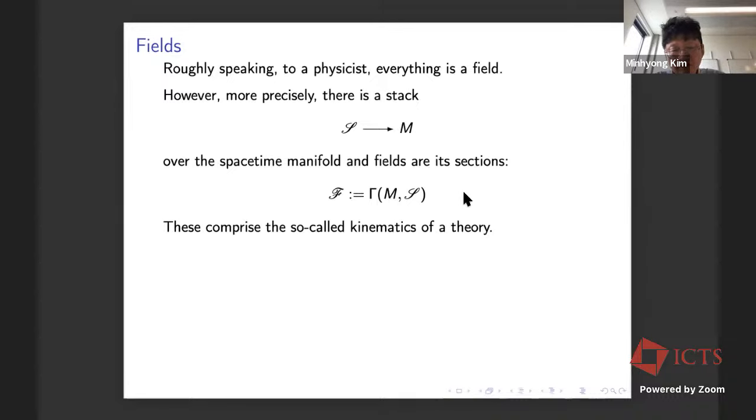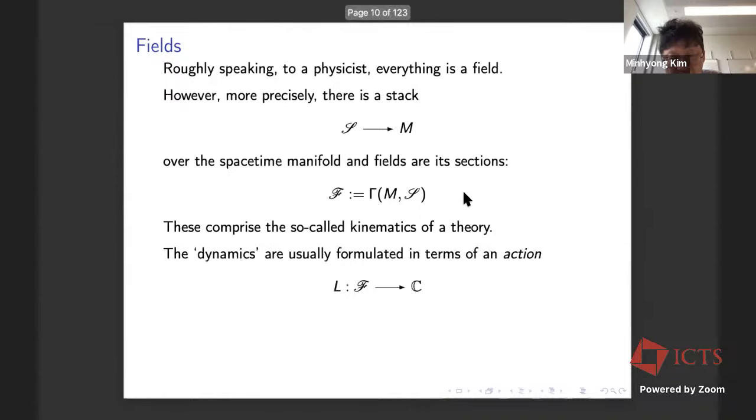And you talk about fields as being the sections of such a space. Depending on what you're interested in, the space and the space of sections will differ. And setting this up, just saying the kind of space this is and how it fibers over M, is usually called the kinematics of a theory. That is, what kind of mathematical objects make up the fields we're going to be interested in.